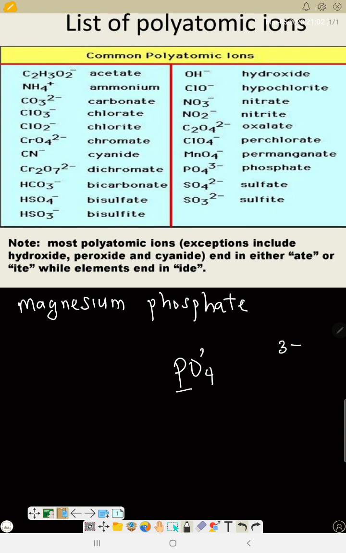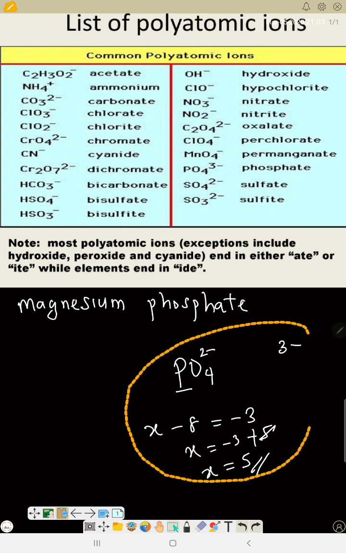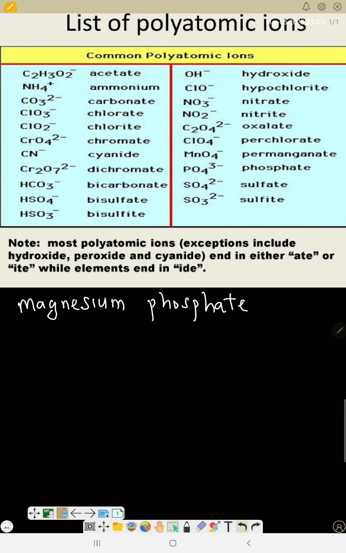Underline phosphorus, oxygen is 2 minus, so S minus 8 is equal to minus 3. So S equals minus 3 plus 8, so S is 5. So valency of phosphorus here is 5. So this is tetraoxophosphate(V), that is PO4, or simply phosphate.